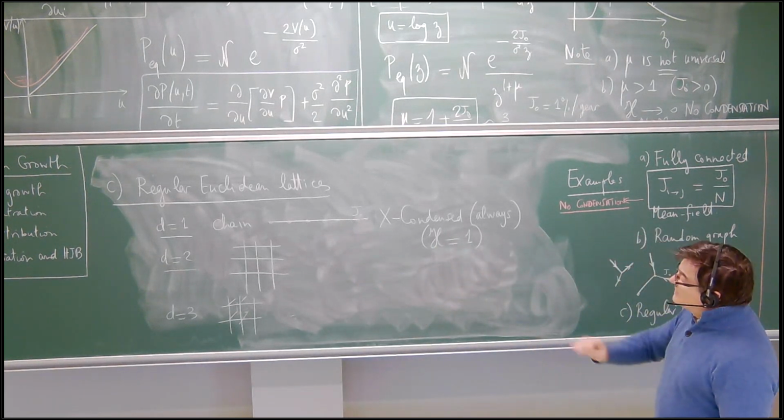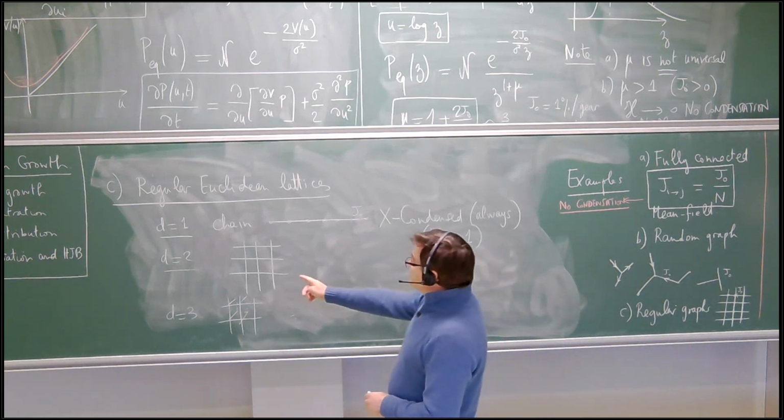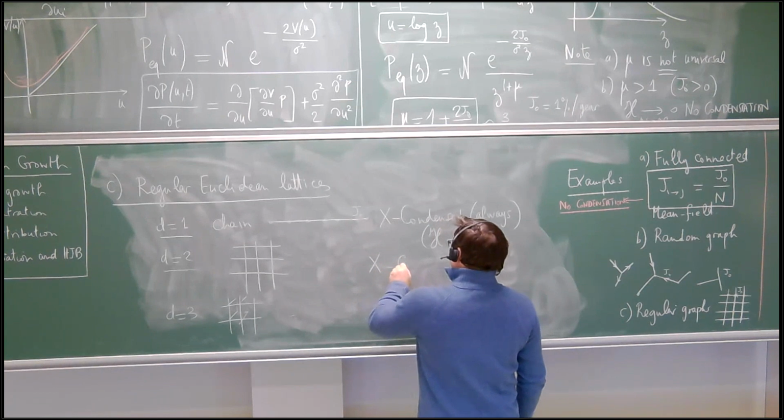And actually, as I'm going to mention, the one-dimensional case has become one of the most important models in theoretical physics in the last few decades. But I'm going to go back to that in a second. So D equal 2, well, again, you get extreme condensation.